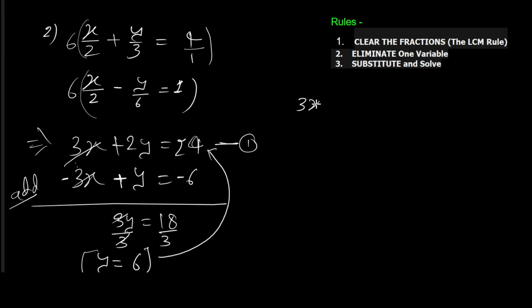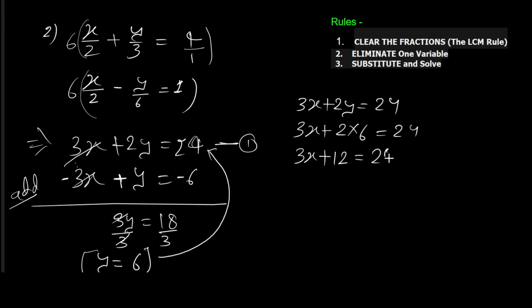We have 3x plus 2y equals 24. So 3x plus 2 times 6 equals 24. So 3x plus 2 times 6, which gives us 12, equals 24.